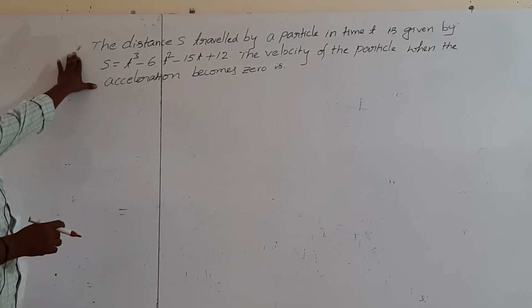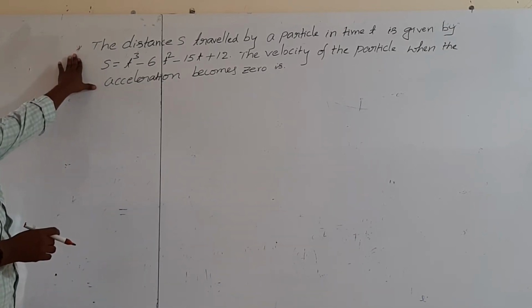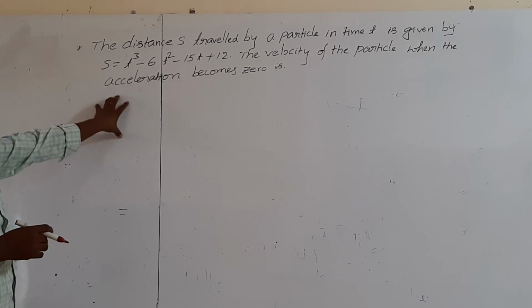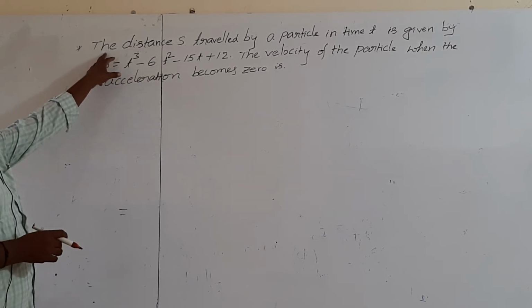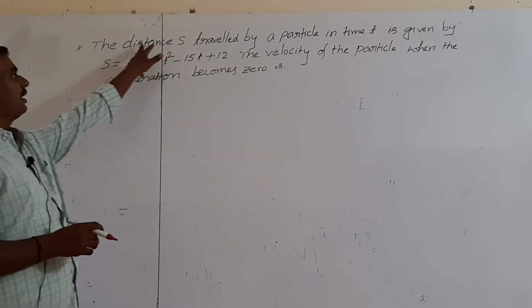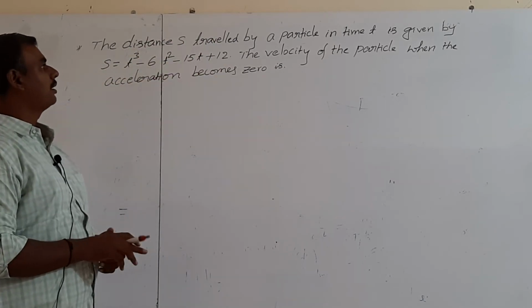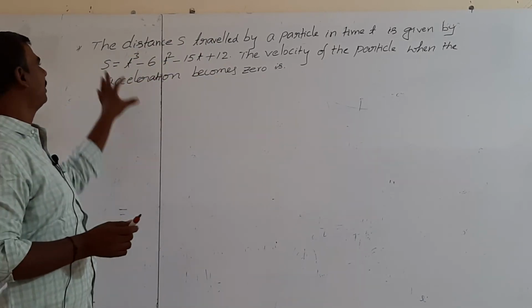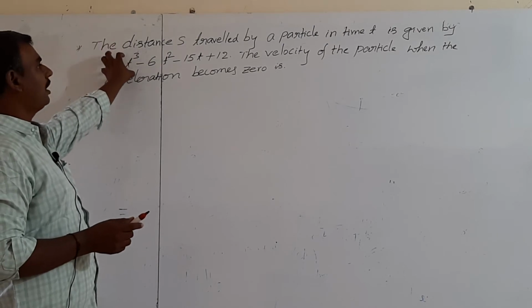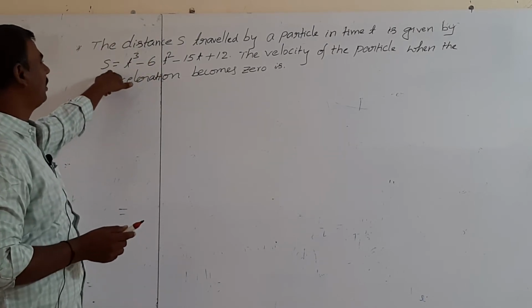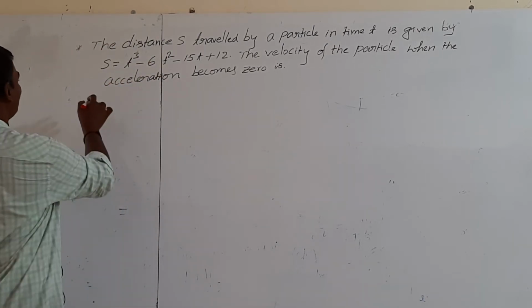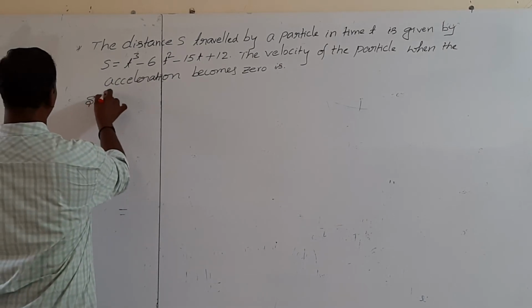Okay, in case these types of questions are also there in the theory part, how do we find this value? Read the question carefully. The distance travelled by a particle at time t means the relation is given in terms of time and distance. So that is the given data here.